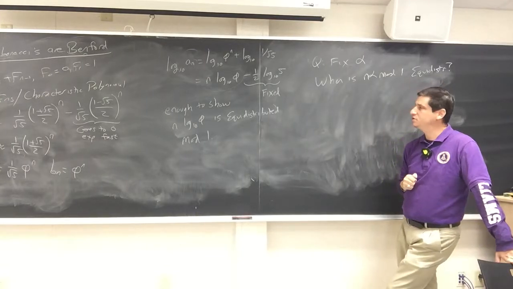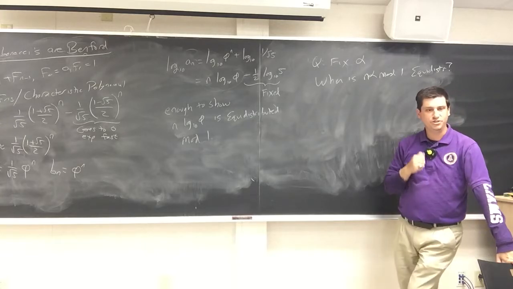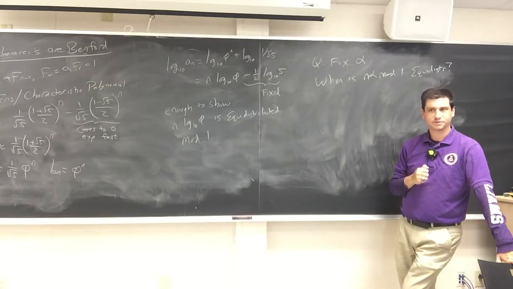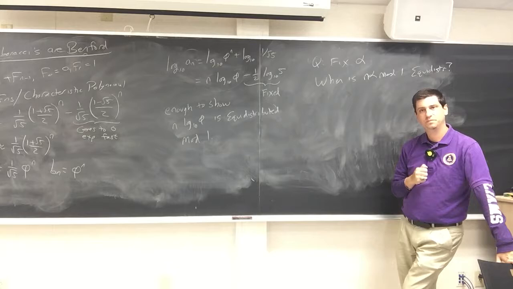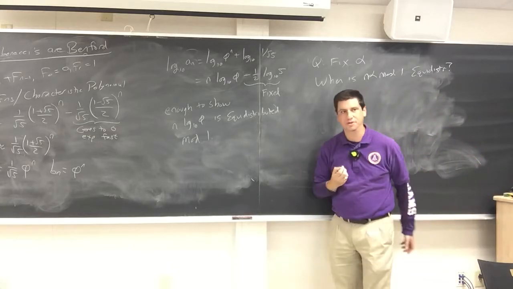So can anybody give me a choice of alpha such that n alpha mod 1 is not equidistributed? Give me an alpha where it will not be equidistributed.